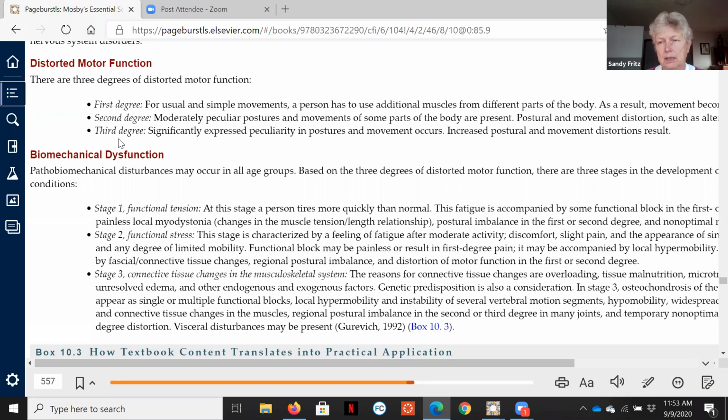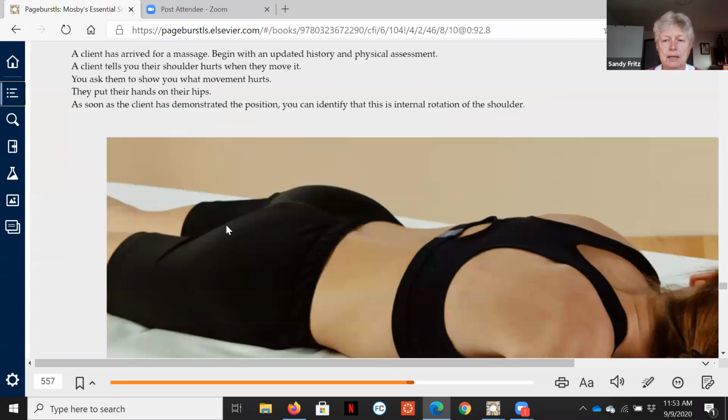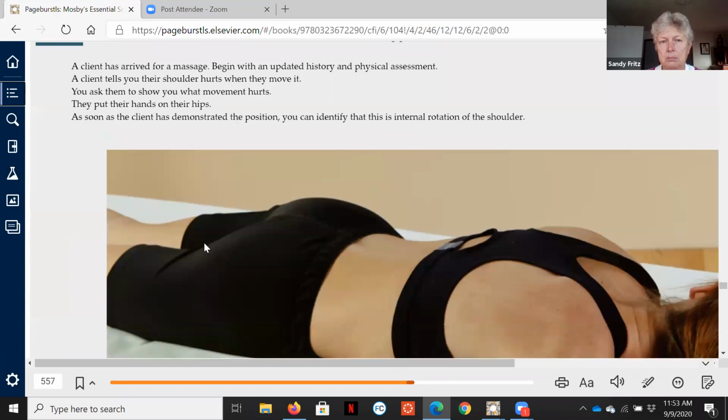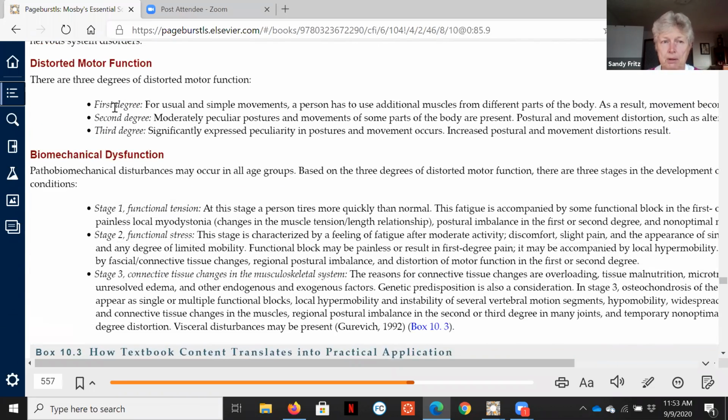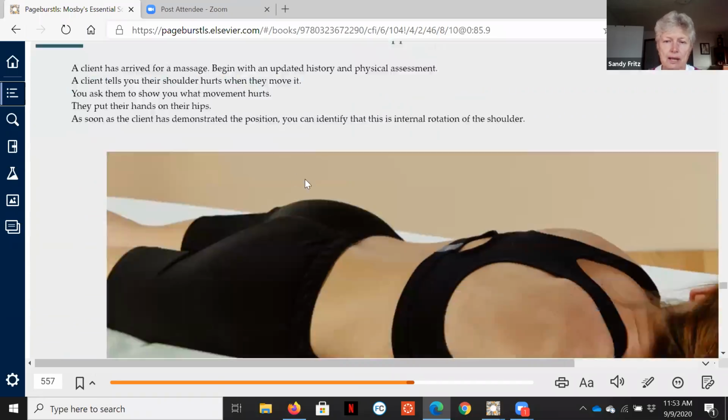But certainly, as we get into stage 2 and stage 3 biomechanical dysfunction, it's a multidisciplinary approach. And that's okay. If we actually catch people at first degree, which just happens with daily living, and can keep that contained, then maybe it won't progress, or it won't progress as fast.